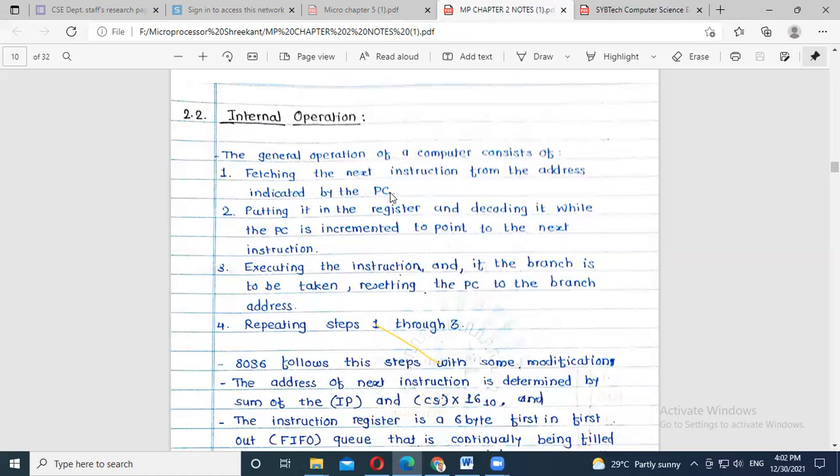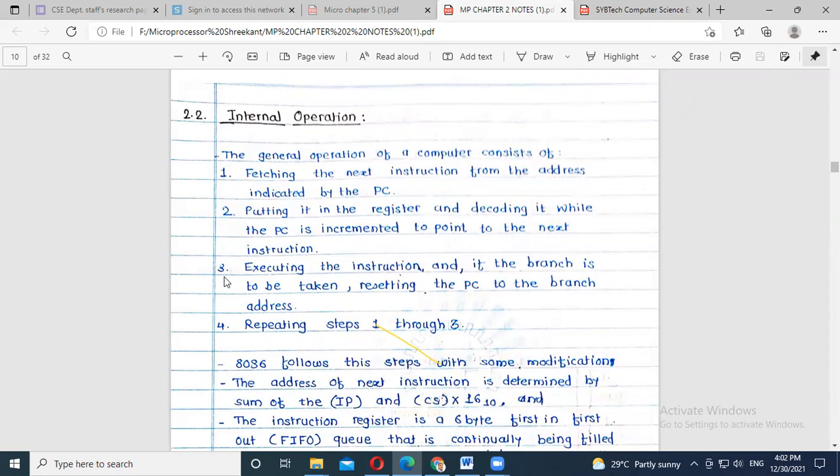What purpose do we use the program counter for? That is for fetching the next instruction from the address indicated by the program counter. That is put into the register for decoding, and the program counter is incremented to point to the next instruction again.